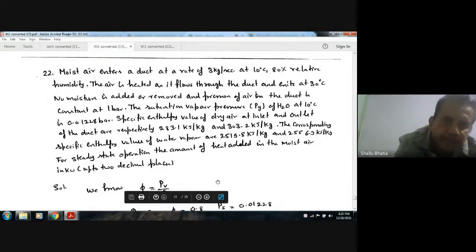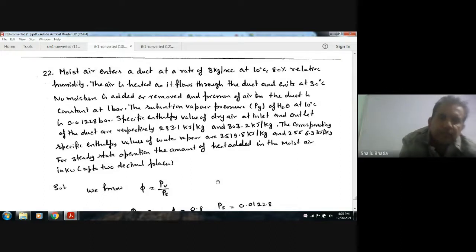Next: moist air enters a duct at a rate of 3 kilograms per second at 10 degrees Celsius, 80% relative humidity. The air is heated as it flows through the duct and exits at 30 degrees Celsius. No moisture is added or removed, and pressure of air in the duct is constant at 1 bar.